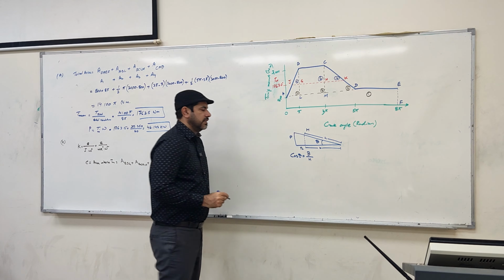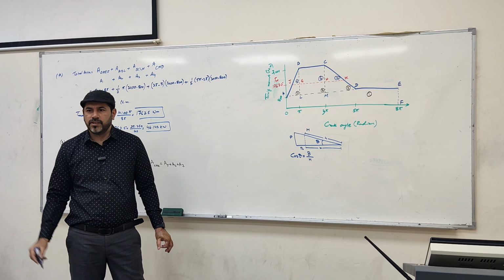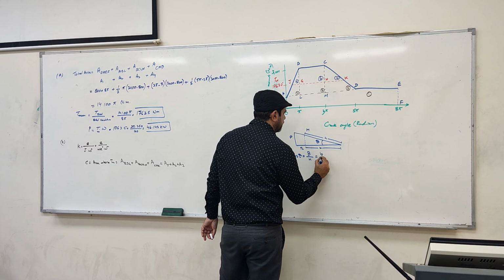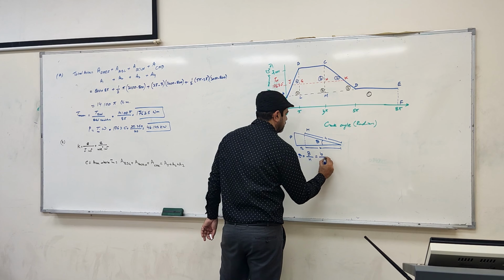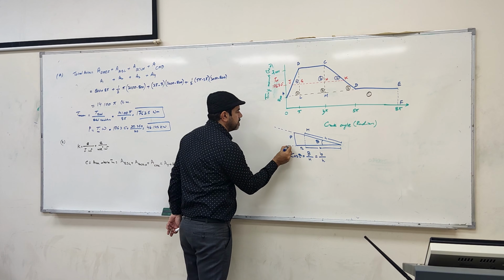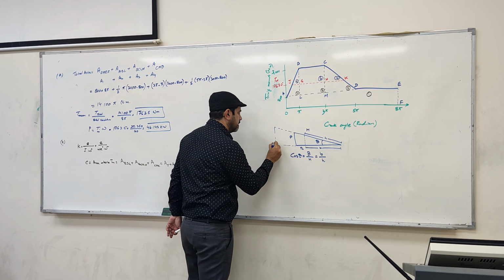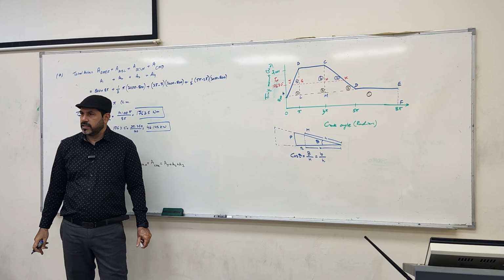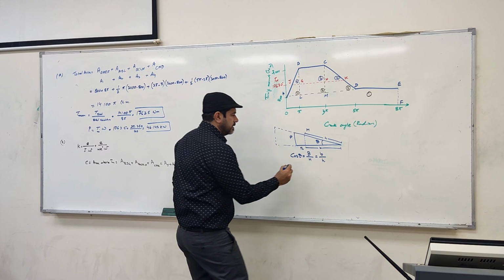You get the same value of cosine because the ratio is the same. And if you forget this cosine, all the ratios are same. Any line over here, or even if you extend it, the ratio remains the same. We call it similar triangle. You can apply it on the other sides as well.